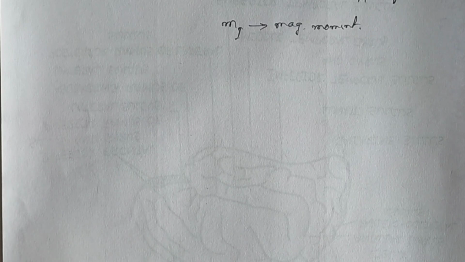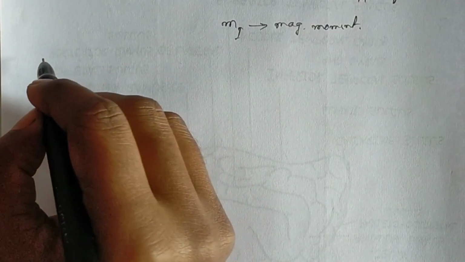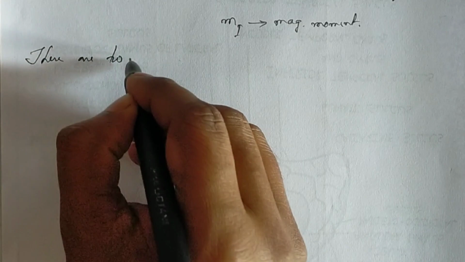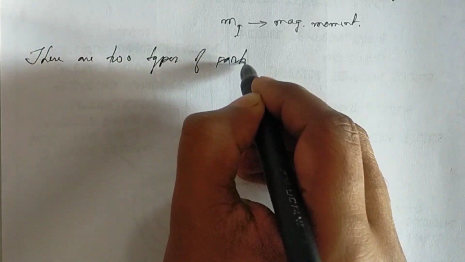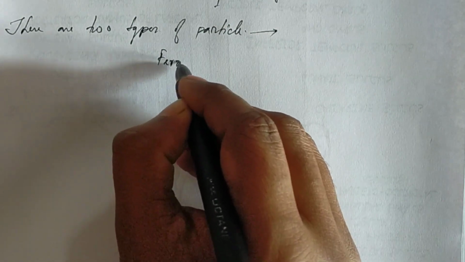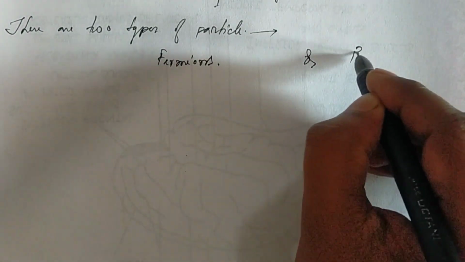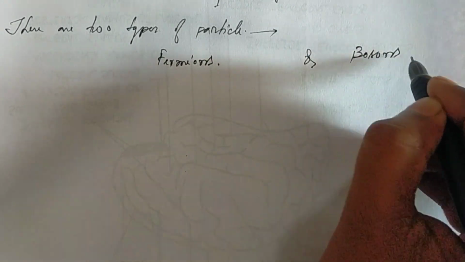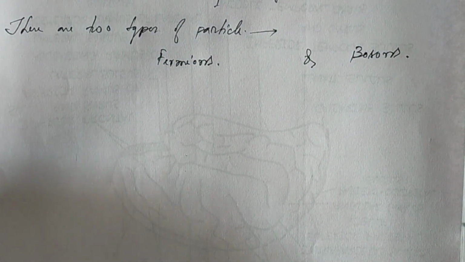Again, you have to know there are two types of particles, fermions and bosons. So what are fermions and bosons?